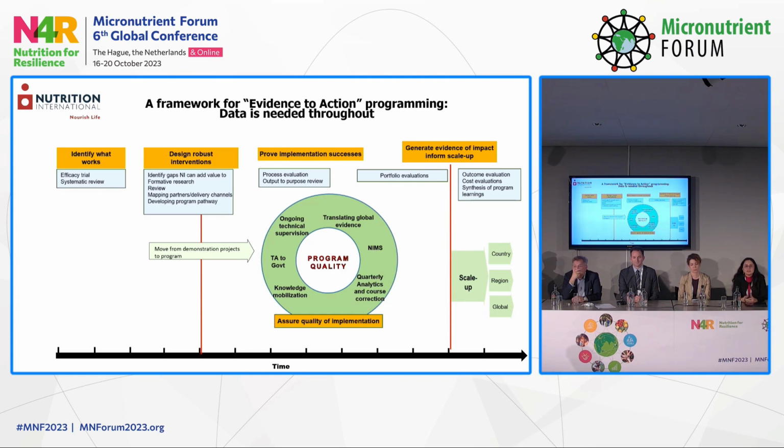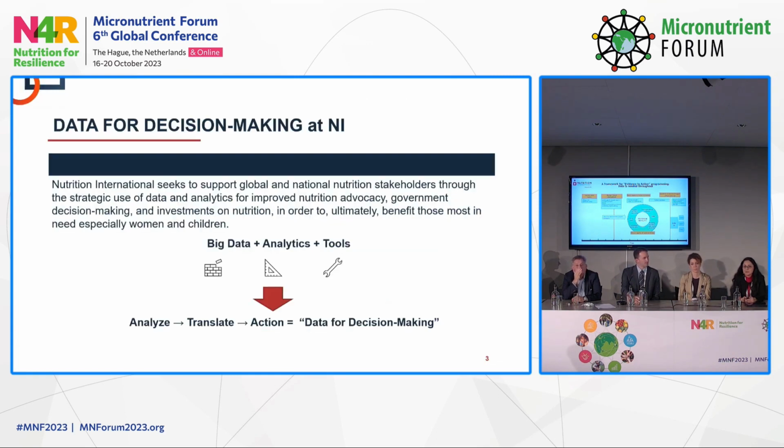And really data is something that is needed throughout. And quality data is really the best way you can have all of the decisions in all of these stages become relevant and be good decisions that help improve the quality of programs. So this topic of data for decision-making really is something that at Nutrition International we have identified as a priority.